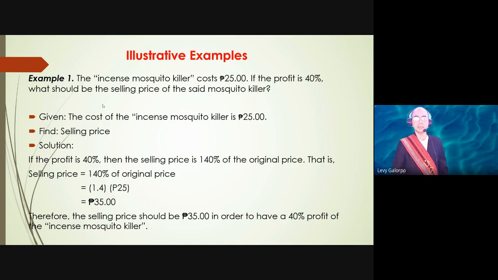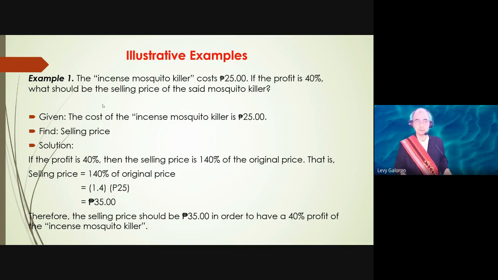Now, let us determine the given data. The cost of the incense mosquito killer is 25 pesos. So, 25 pesos is the cost. Also, we have 40%. What is 40%? The profit. 40% shall represent the profit from the selling price.